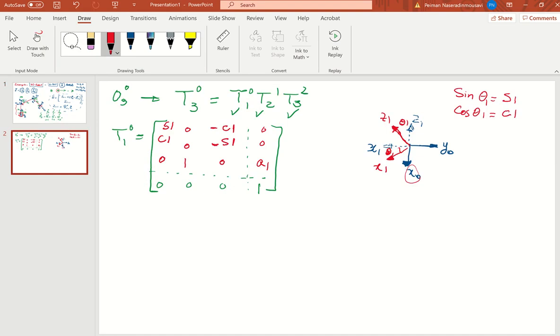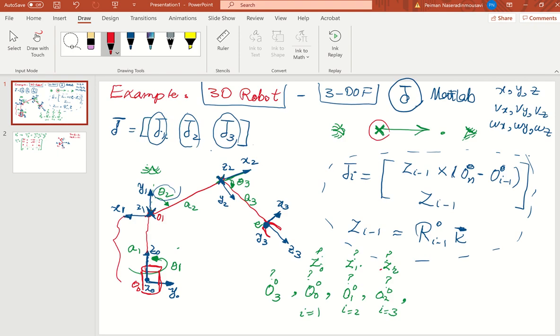Now, by finding this, look here, guys. We know that O0 with respect to 0 is 0, right? Because it never changes.